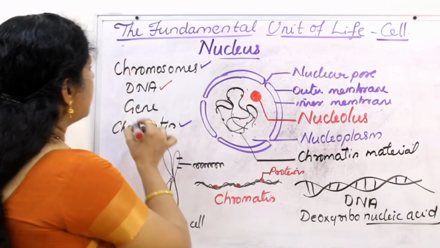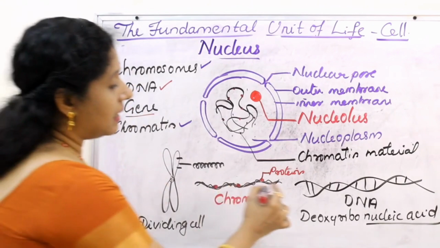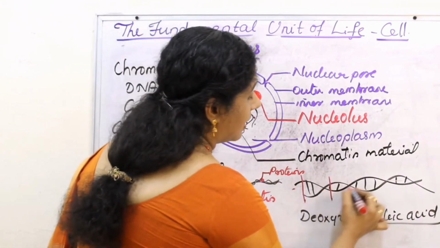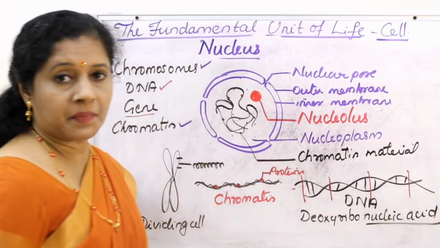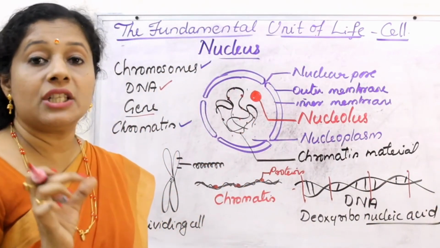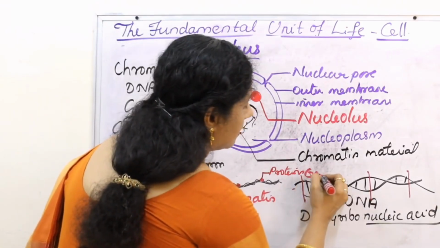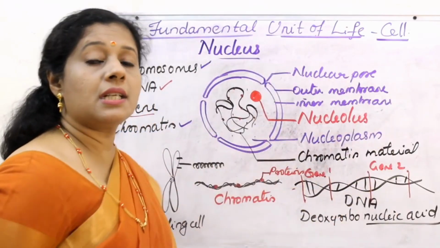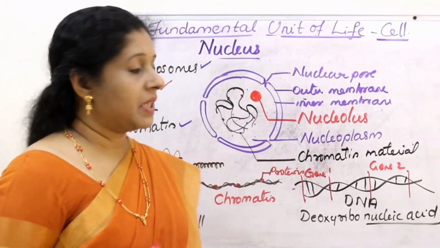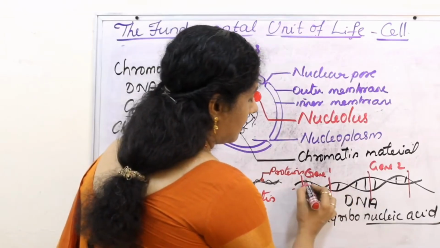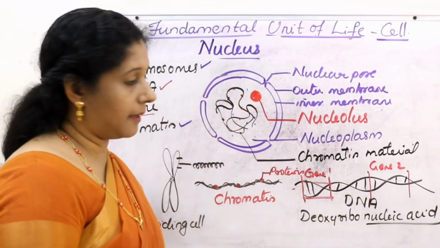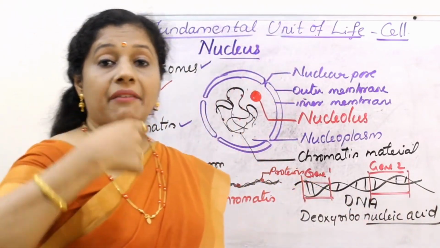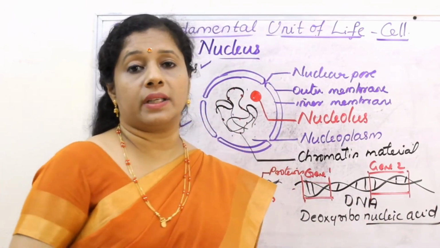Okay, now the last part is gene. So this DNA is a long molecule. Okay, it has different parts having information for different characters. Those units are called genes. So this is gene 1 or this is gene 2. Like this, thousands of genes are present in DNA. For example, maybe this part has the information for your skin color, or this part the information for your height. So like that, for every character, genes are controlling the character.